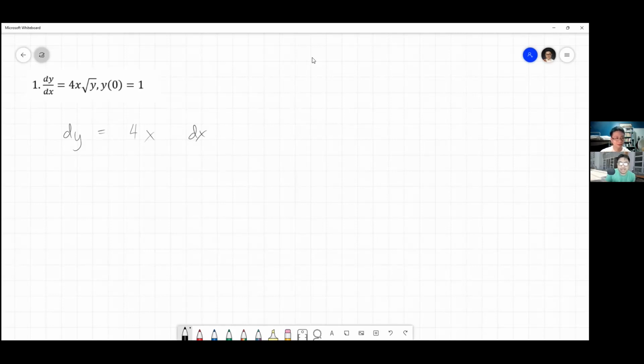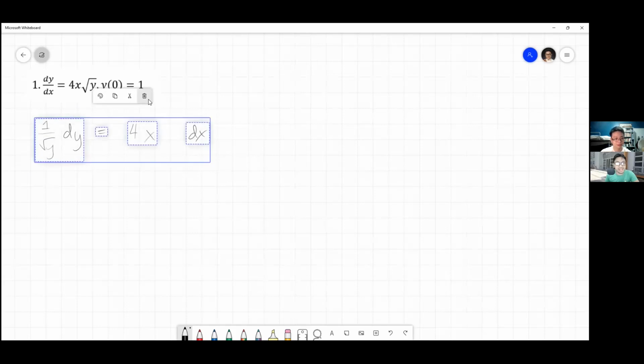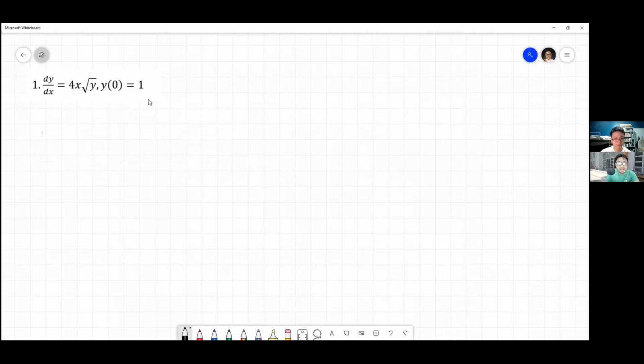So magkakaroon tayo dito ng 1 over square root of y. So rewrite ko lang. So that would be 1 over square root of y is y raised to negative 1/2. Y raised to negative 1/2 dy equals 4x dx.